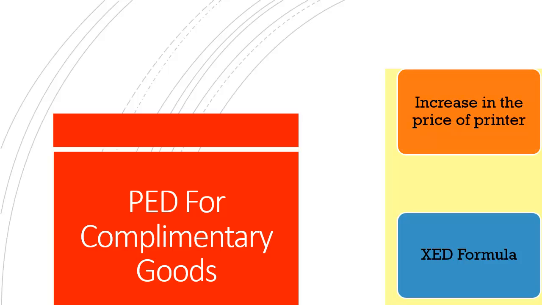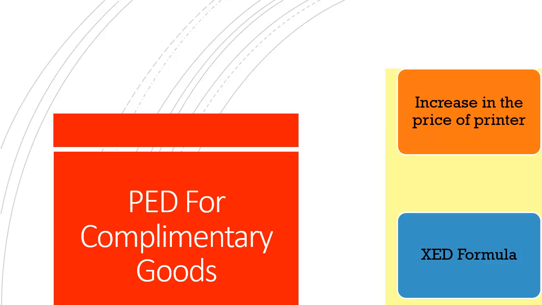Okay, now let's think about the XED for the complementary good. In order to simplify it, in order to make it much easier, we have to think about a scenario and a real life example of what could be considered a complementary good.